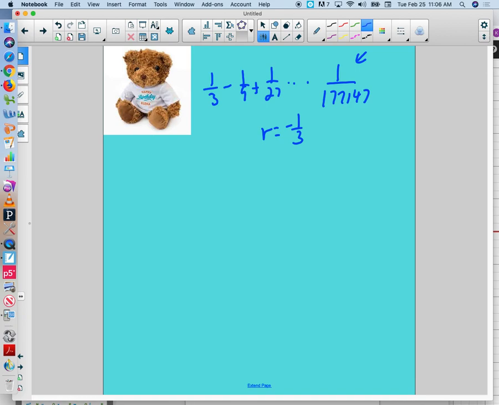In fact, maybe I should have picked one that was actually going to land on a negative. But I just need to know 1/3 to what power is going to give me 1 over 177,147. I have my first term times negative 1/3 to the n minus 1 power equals this number, 1 over 177,147. And then I'm going to multiply by 3.